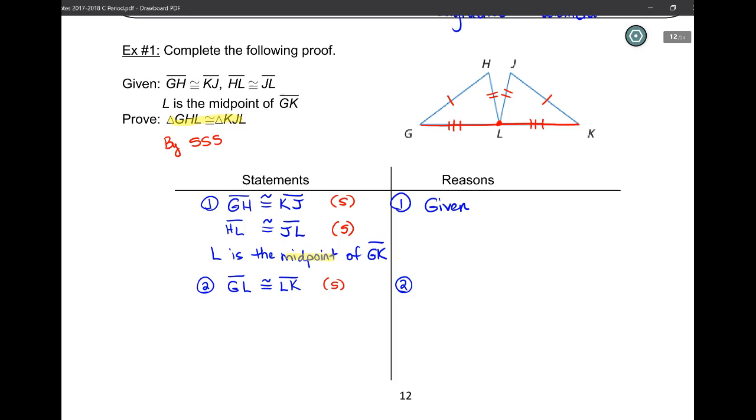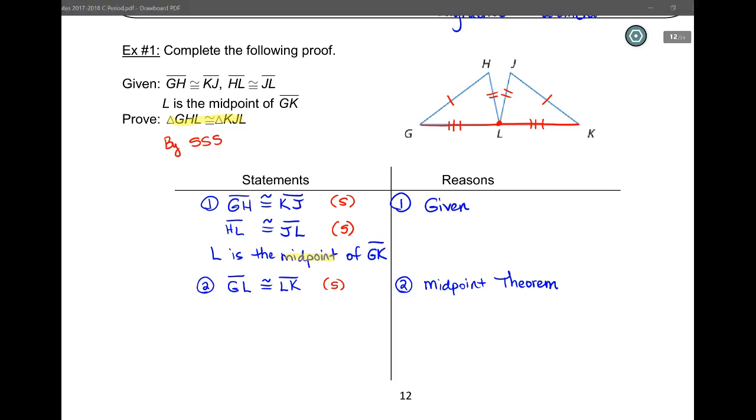Midpoint theorem tells us that the segments are congruent, whereas the definition of midpoint tells us that the measures are equal. Since we went with congruent, we're going to use midpoint theorem for this one. Now we could have used definition of midpoint and then we just have to use an extra statement to say they're congruent by definition of congruent segments, but this is a much shorter process.